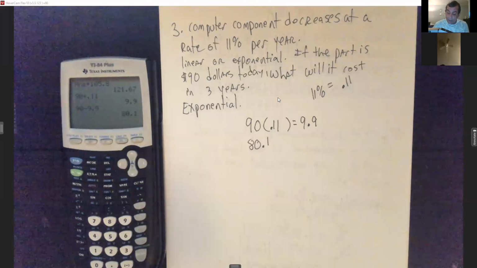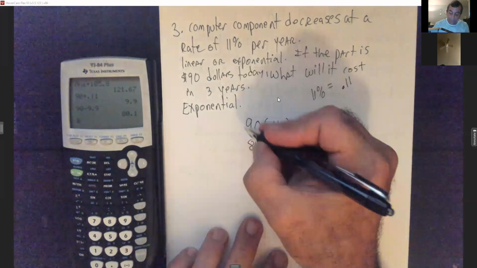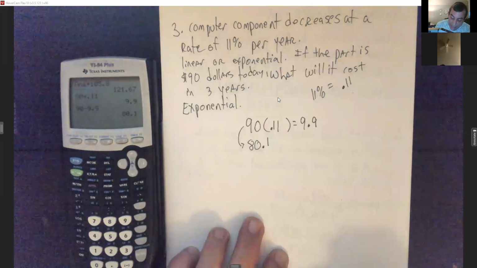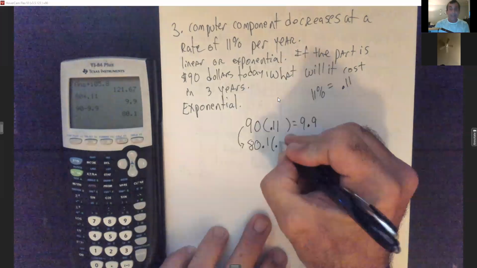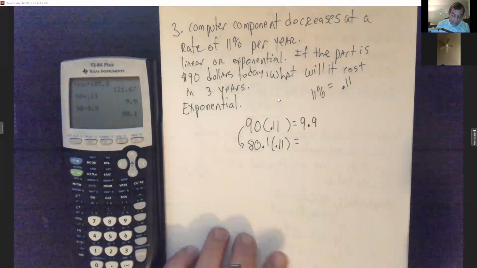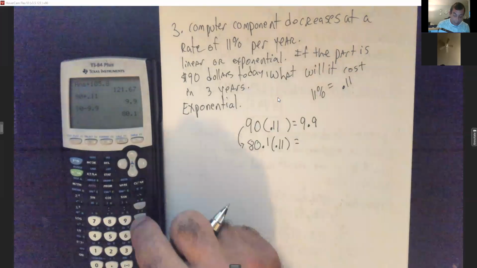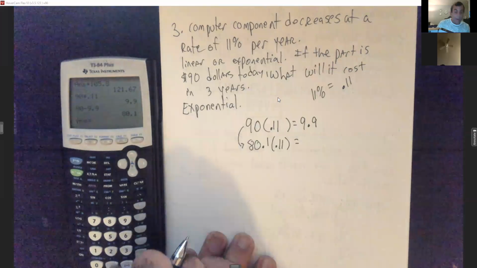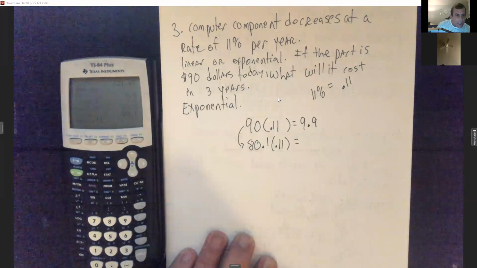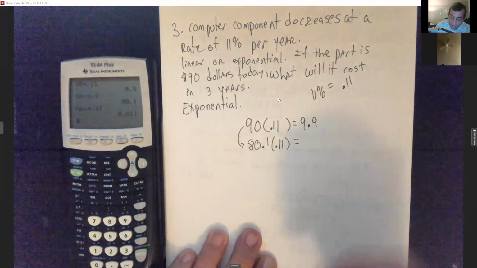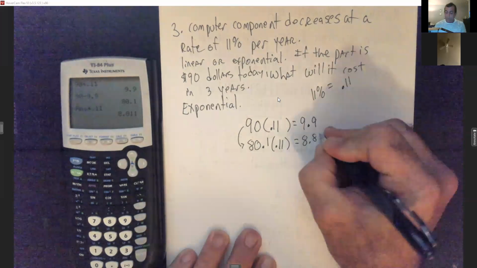Now, that was my first year. Now I need to take the 80.1 and see what 11% of that is. So multiply that answer times 0.11, and that's going to give me 8.811.